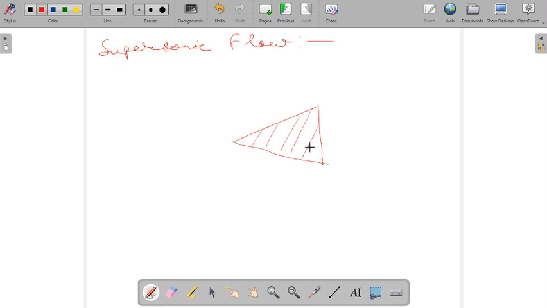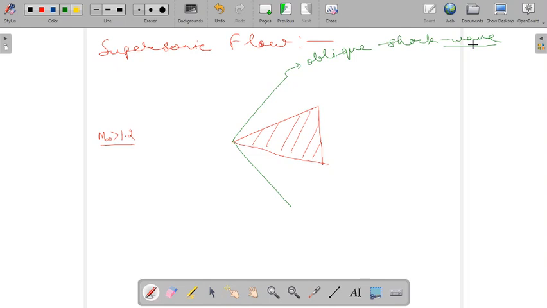So say I have a wedge-like structure, and over this wedge-like structure flow is happening. If the free stream Mach number is greater than 1.2, then we will find that there will be the occurrence of a shock wave at the tip of this wedge, and this type of shock wave is called an oblique shock wave.